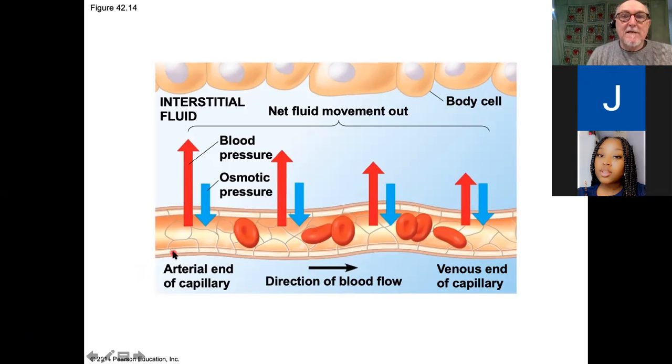So here's the way it works. As those capillary beds form, the pressure rises tremendously. And that causes fluid to flow out under the blood pressure, across the capillary walls. This is called the interstitial fluid. You'll also see it referred to as serum.